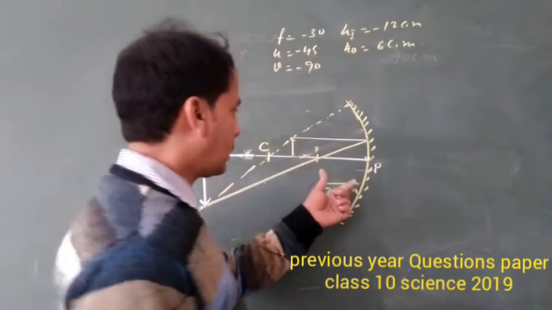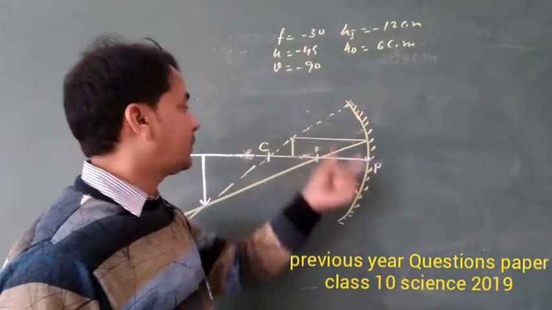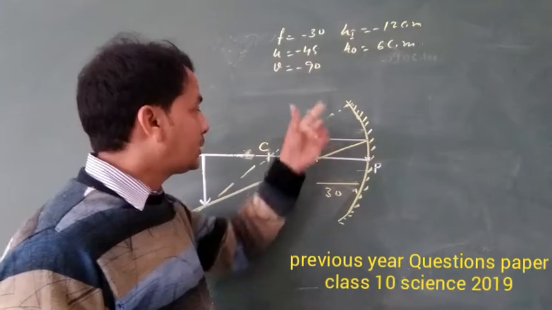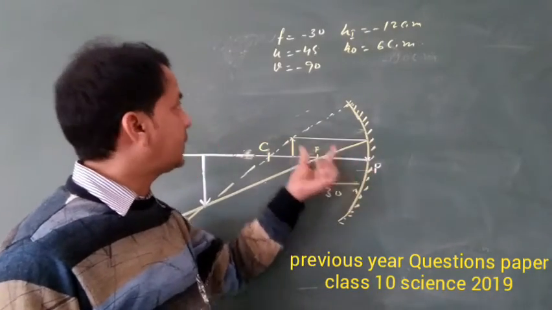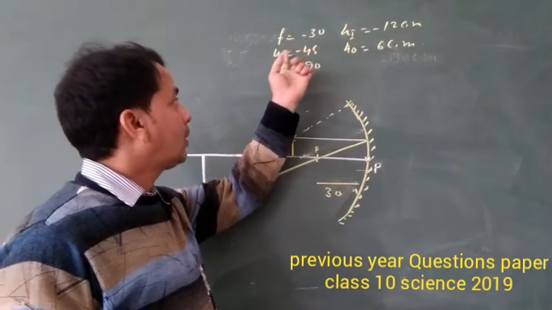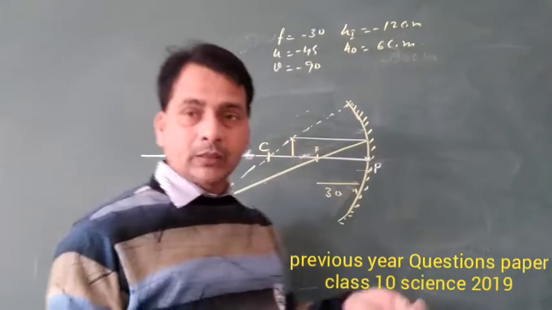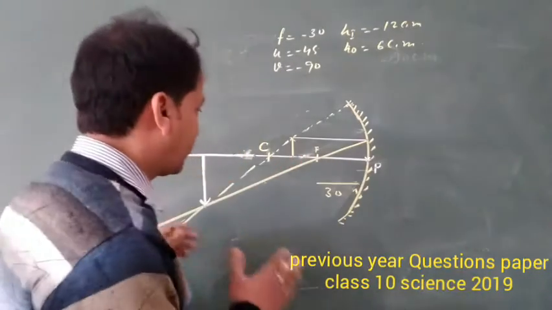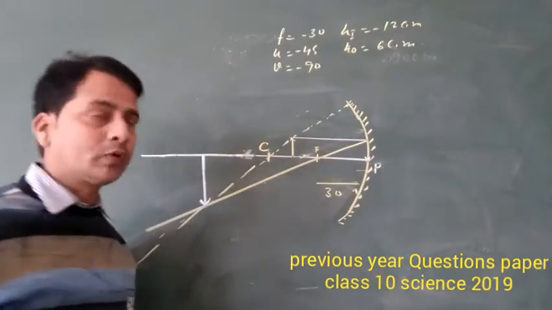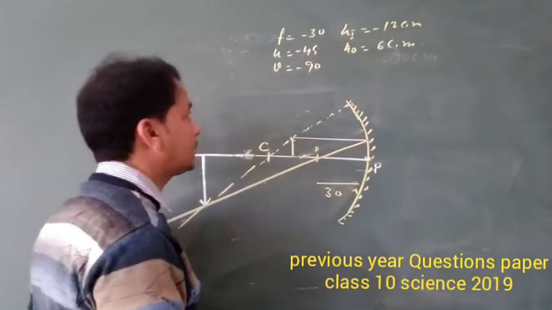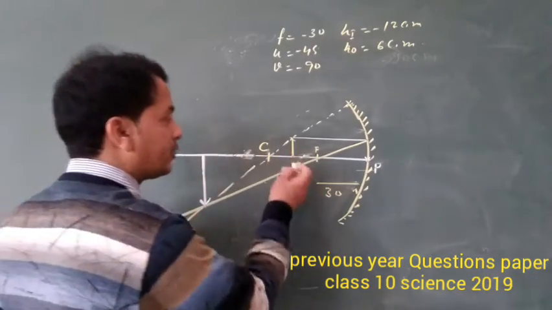So here the focal length is also given, 30 centimeter. The focal length means the distance between the pole and focus, that is 30 centimeter, and u is minus 45 centimeter. Here the object distance, the object is placed at a point that is 45 centimeter from the pole. So the object is placed between the center of curvature and focus.